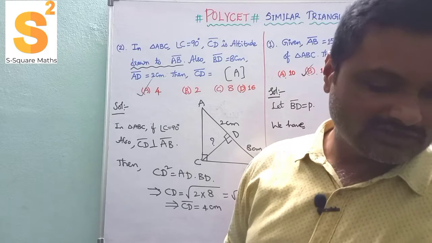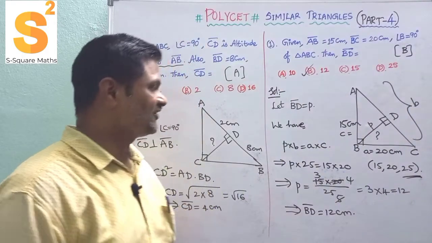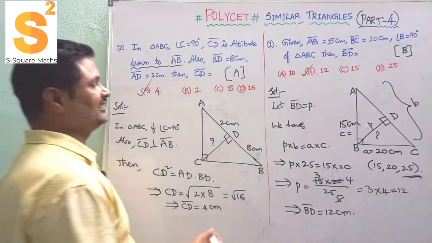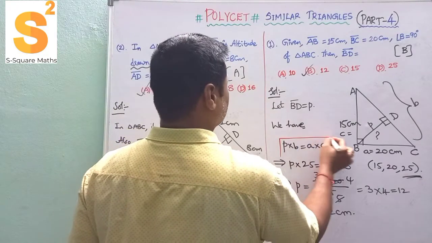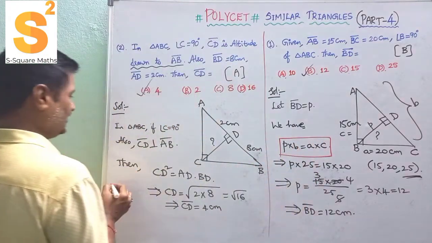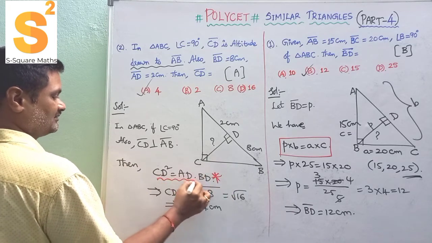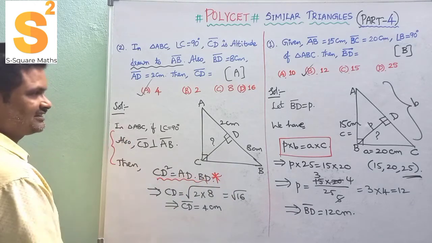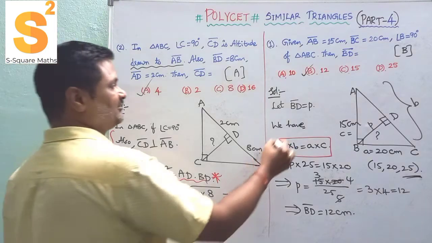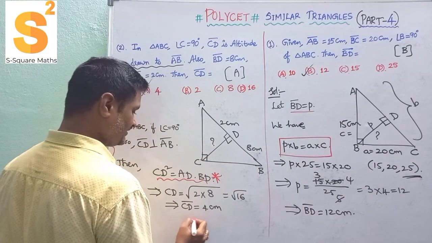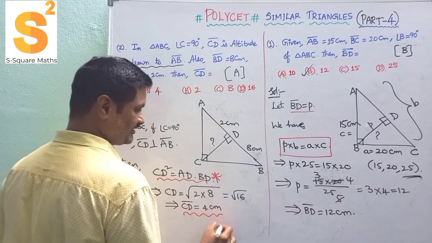Viewers, the important property is P into b equals a into c, for these given conditions, where BD equals P is 12 centimeters and CD is 4 centimeters.